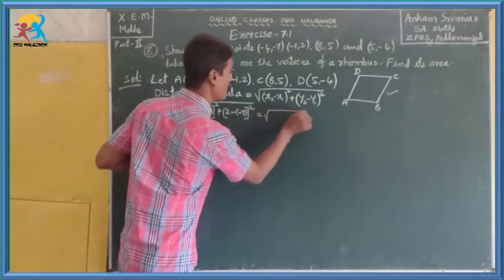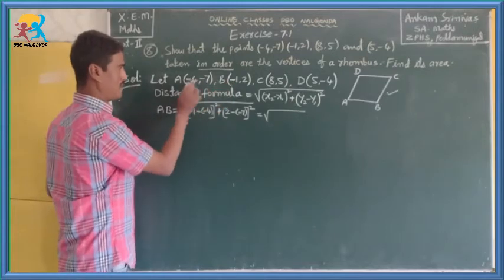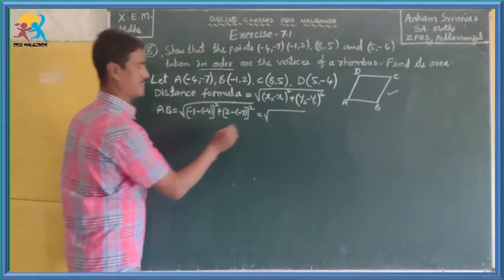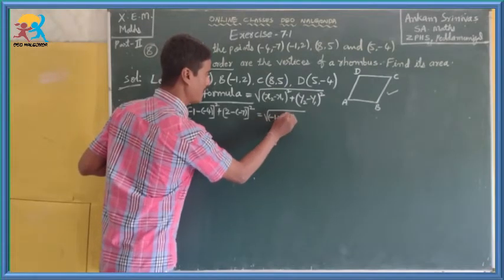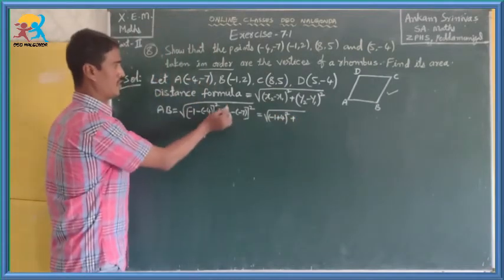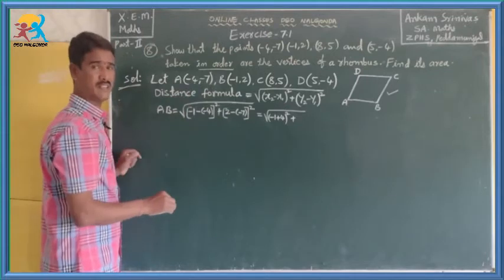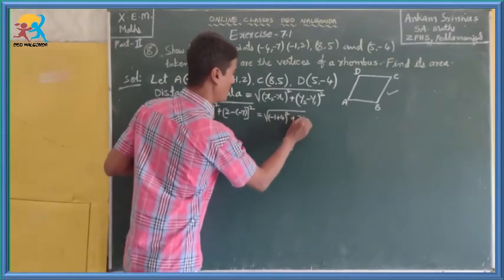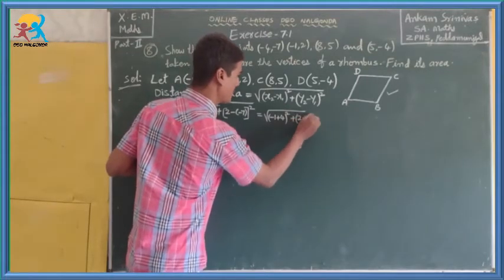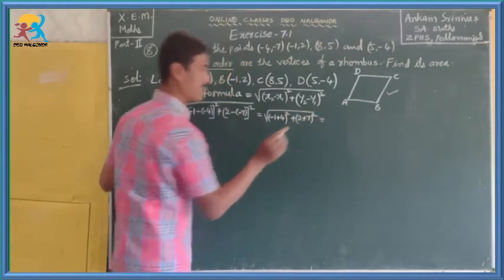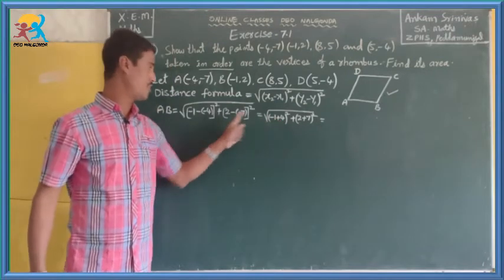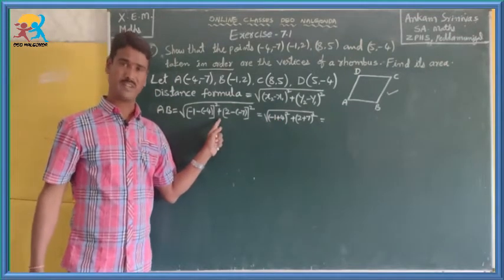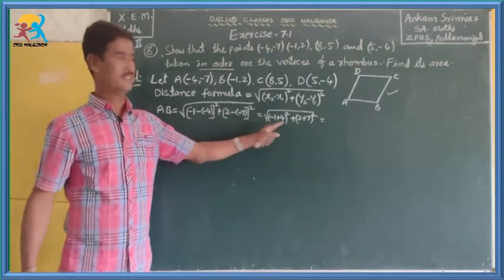Now minus 1 minus of minus 4 becomes minus 1 plus 4 whole square, and 2 minus of minus 7 becomes 2 plus 7 whole square. I suggest you children, you can write these steps directly, there is no need to write this step. If you understand, you can write directly.